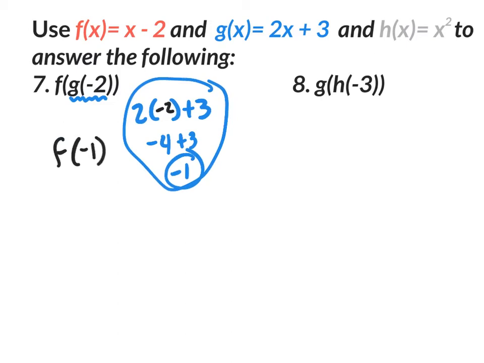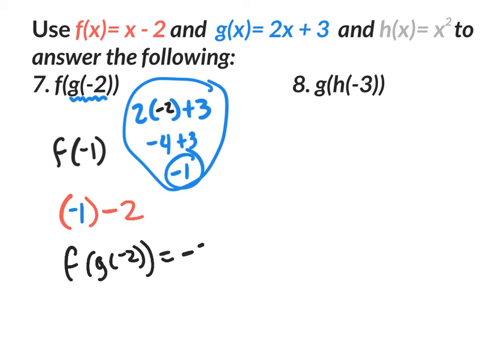When I plug -1 into the f of x function, what do I get? -3. Let me demonstrate that: x minus 2, plugging in that -1. So the final answer to f of g of -2 equals -3. That's the final answer for number 7.